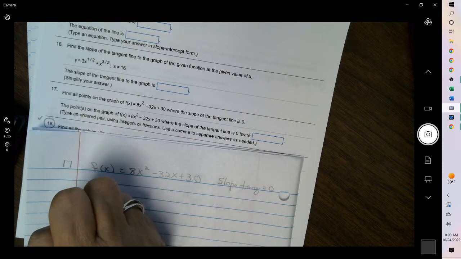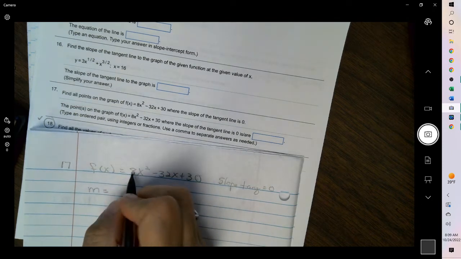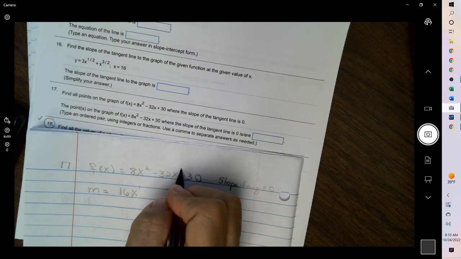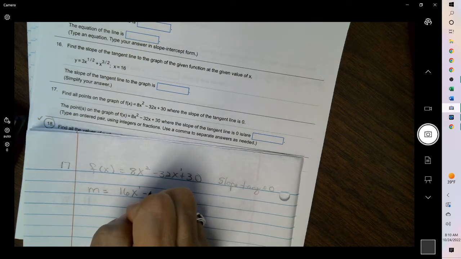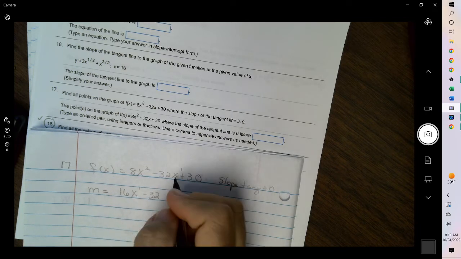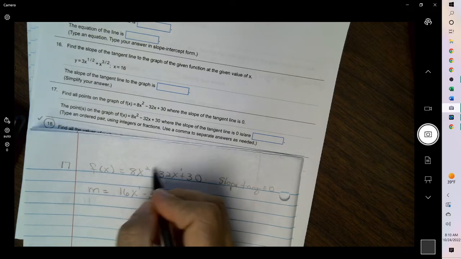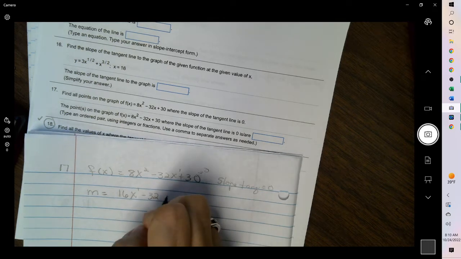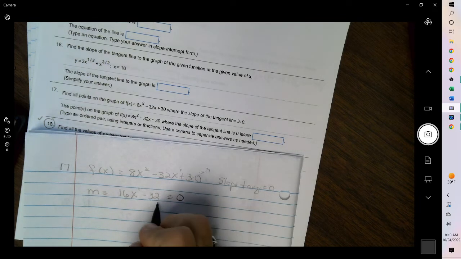Taking the derivative, 16x to the first. This is a 1 times a negative 32, negative 32, x to the 0, because you multiply and then subtract 1. And then this goes to 0. Set that equal to 0 and solve.